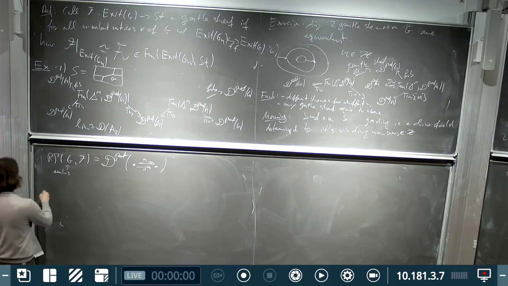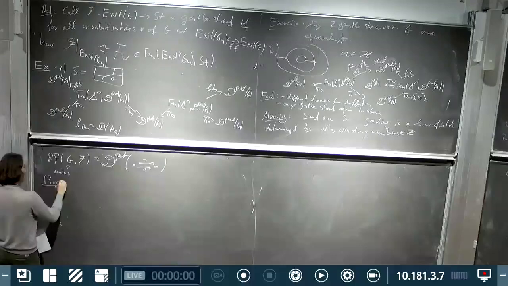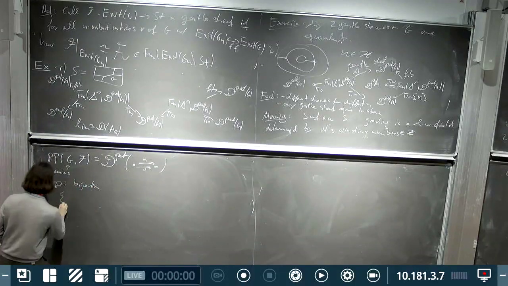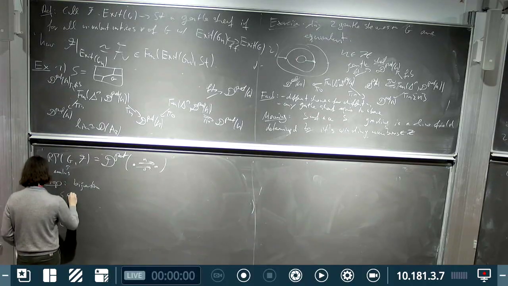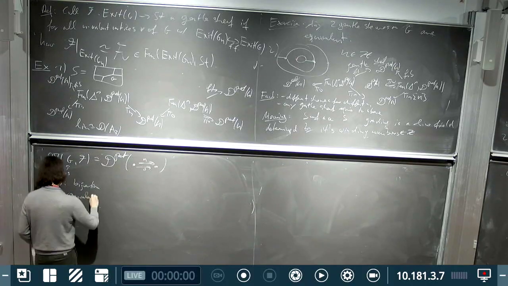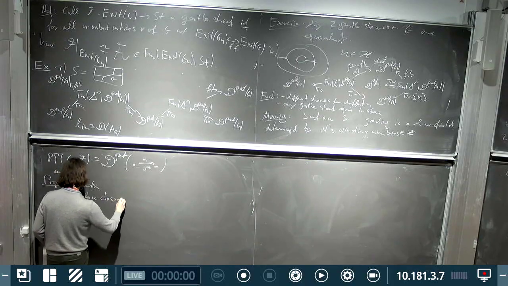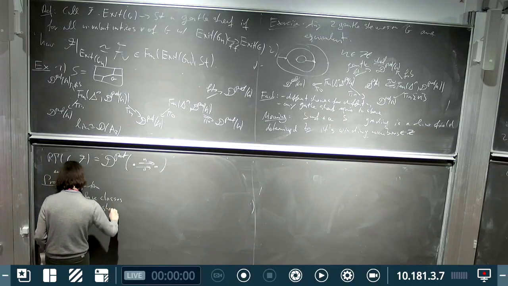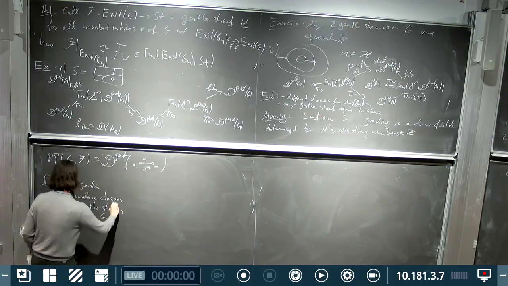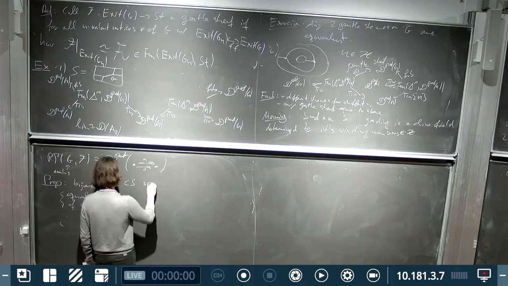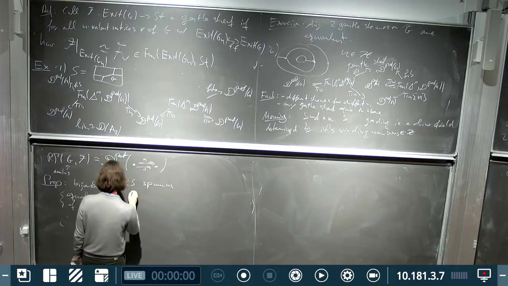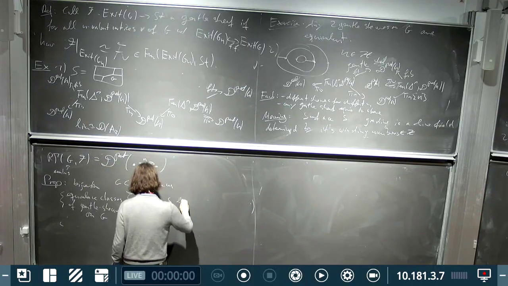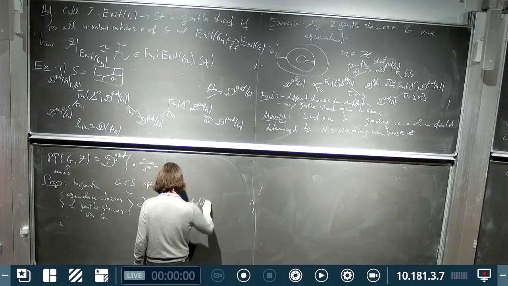So the result is that there's a bijection between equivalence classes of gentle sheaves on G, where G inside of S is spanning, and line fields, slash gradings.